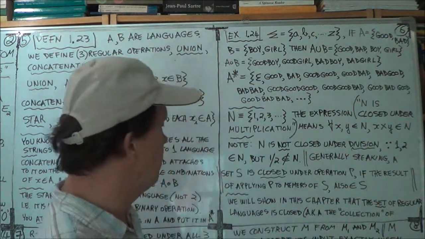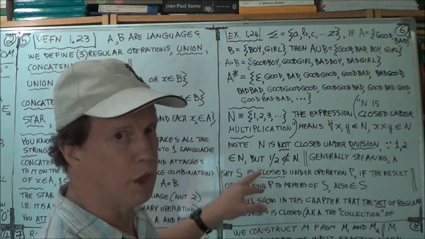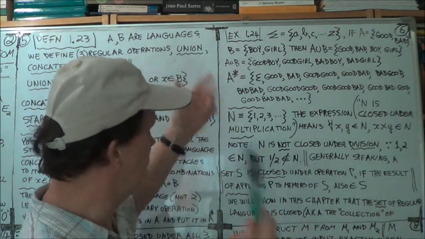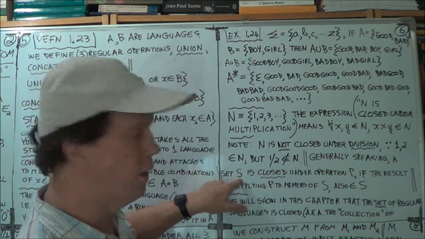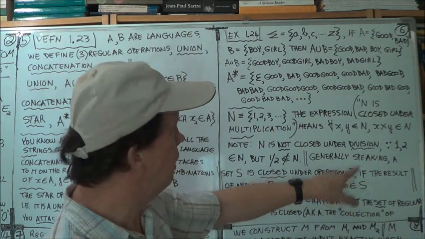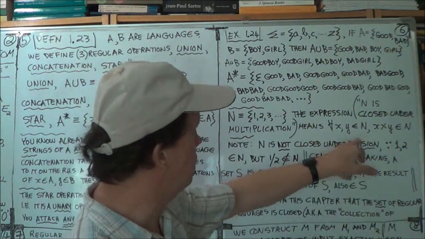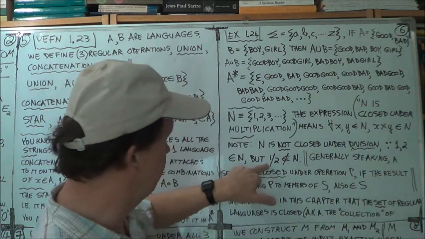Now let's go back to the general concept of closure. We'll generalize. In general, you have a set S, and it's said to be closed under some operation P. Here P was the operation, here it was multiply, and here it was divide.